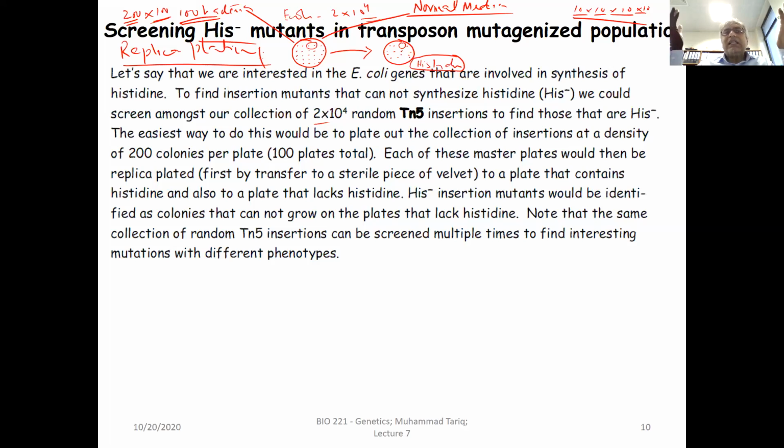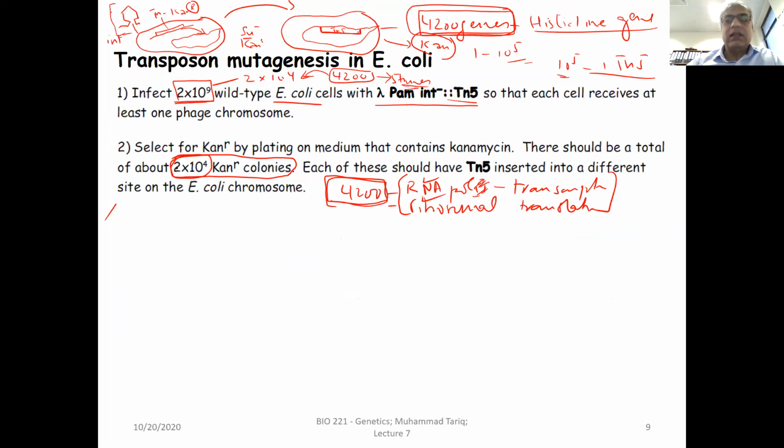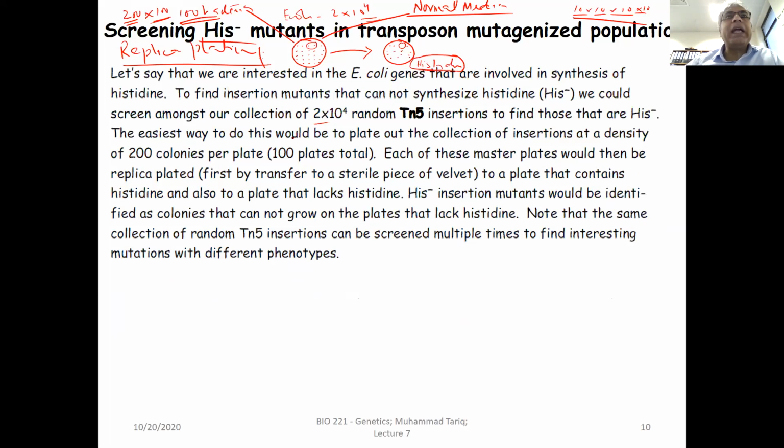You can screen the same number of colonies because these are your master plates. These plates are with you and you can screen them. These are mutants. You can screen them for histidine biosynthesis. You can screen them for bacterial motility.